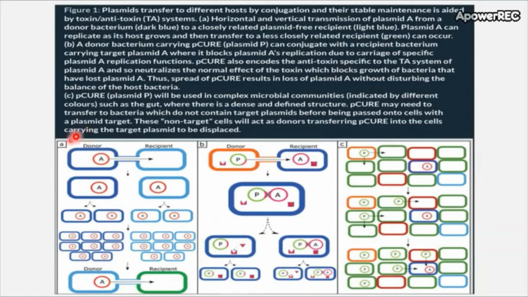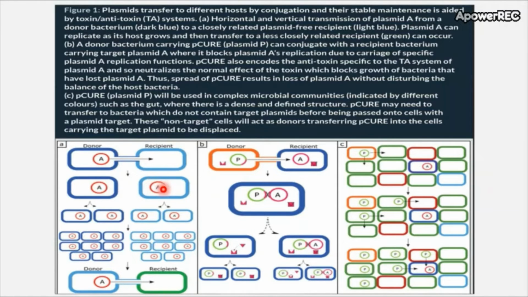So A is the mechanism that we outlined in the previous slides. You have a donor who has a plasmid. Here is called plasmid A. And you can imagine plasmid A might have some antibiotic resistance to it. So plasmid A is donated to the recipient here. So now both of them have plasmid A and both of them have antibiotic resistance.